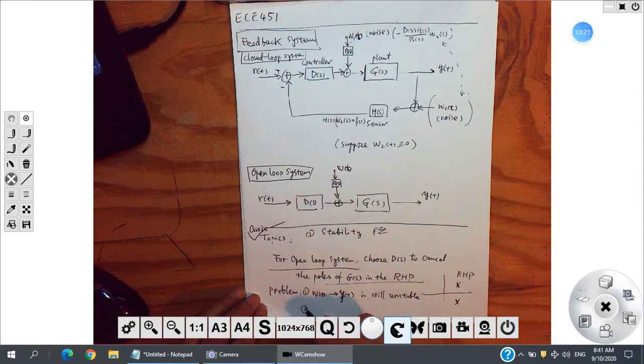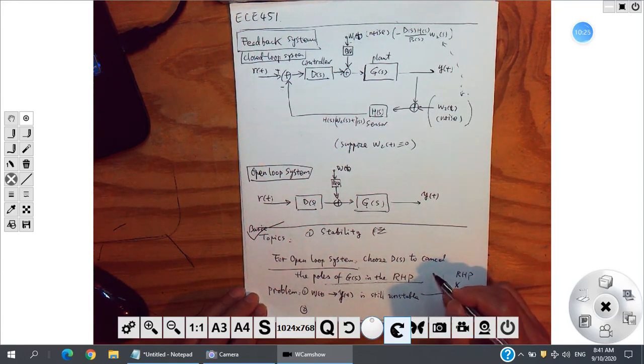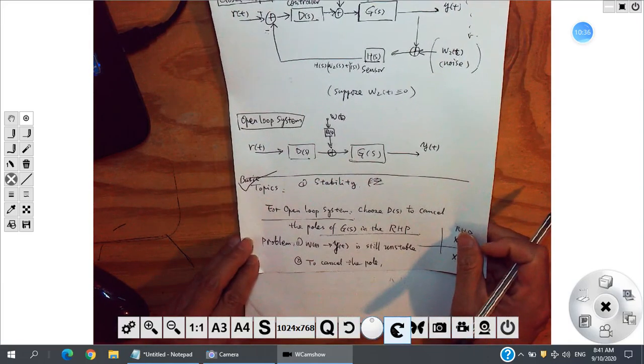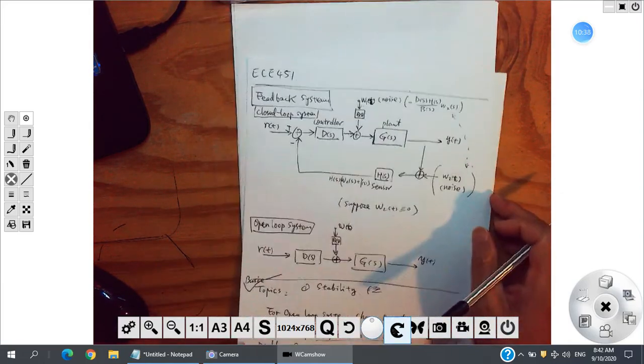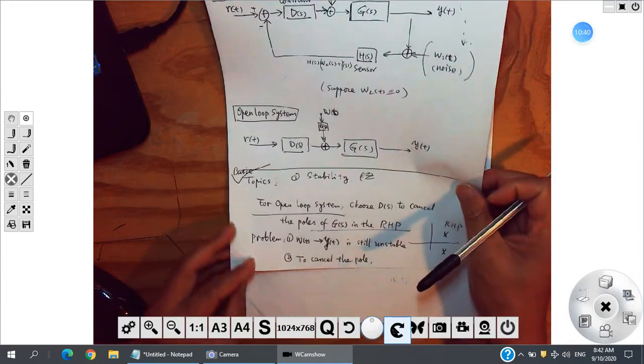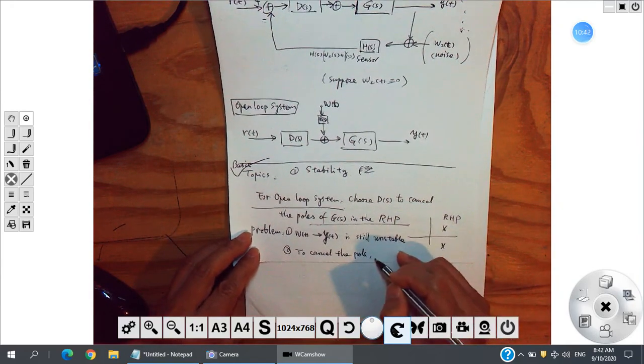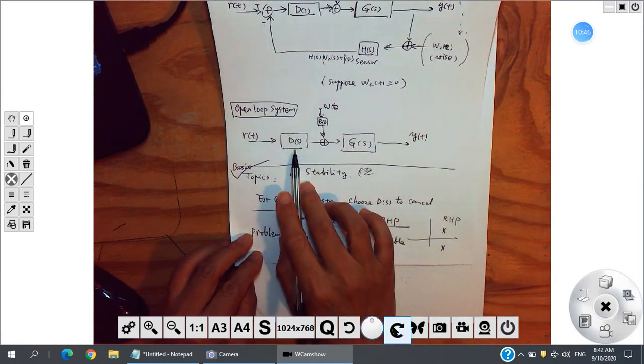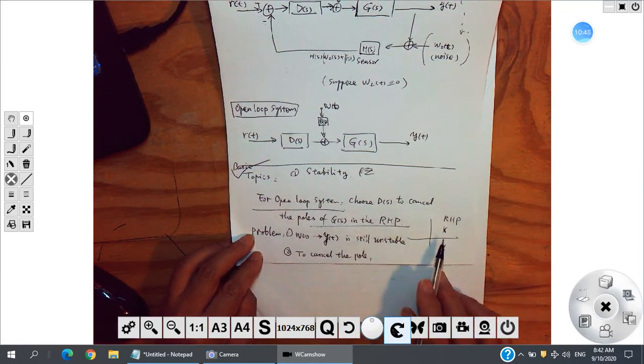Secondly, you want to cancel the pole. To cancel the pole, you need D(s) to have a zero exactly the same as this pole.